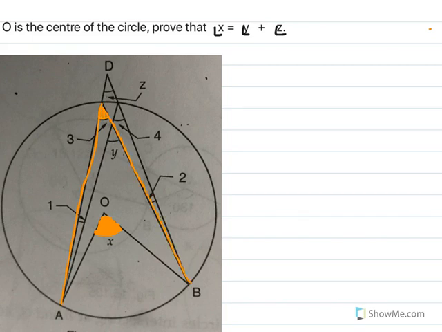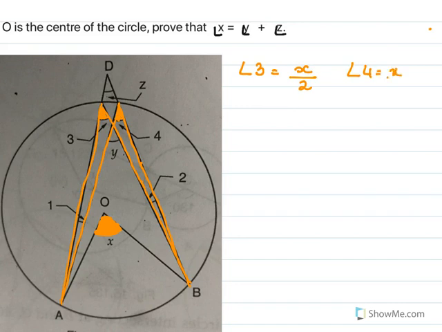So I can say angle 3 equal to X by 2. Similarly, angle 4 will also be X by 2. That is, a central angle is always double the angle at the circle.